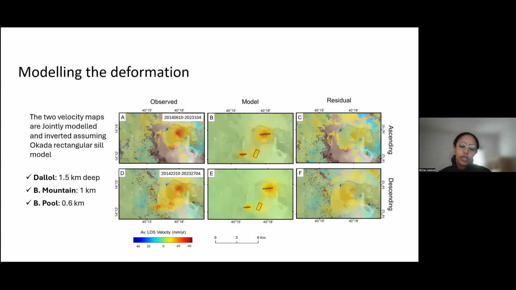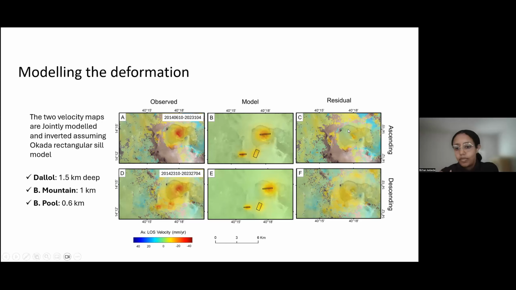So in order to know what causes this deformation, we jointly invert the ascending and descending tracks of InSAR velocity maps. So in A and D, we have the observed image of the InSAR data and jointly inverted. And in B and E, we have the models along with the surface projection of the sill models, because we assumed Okada rectangular sill model to do the modeling.